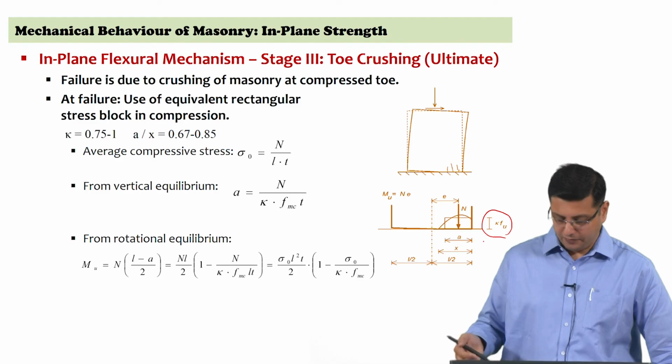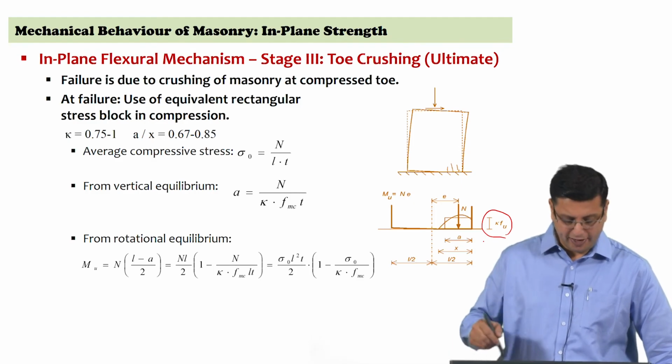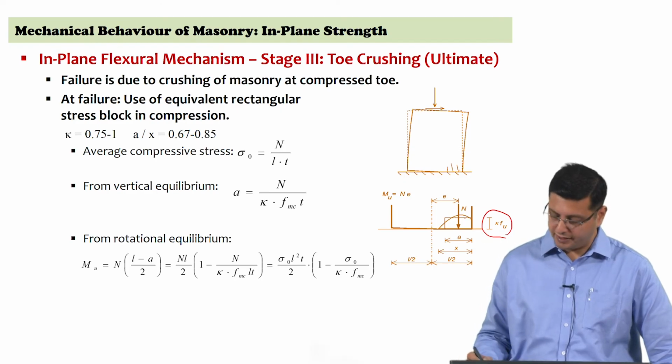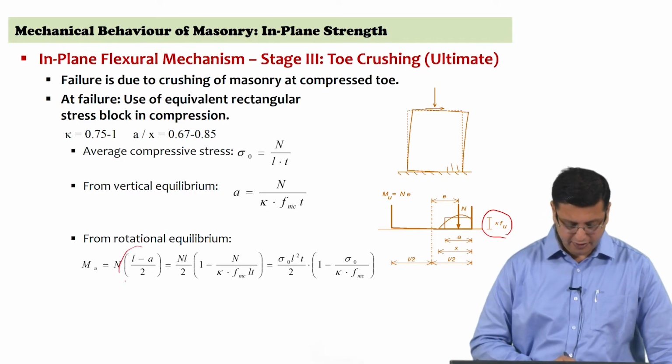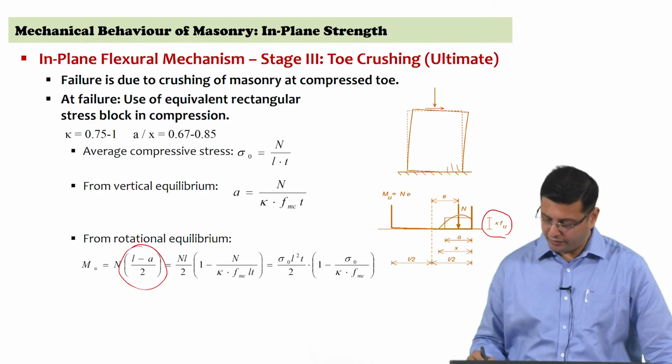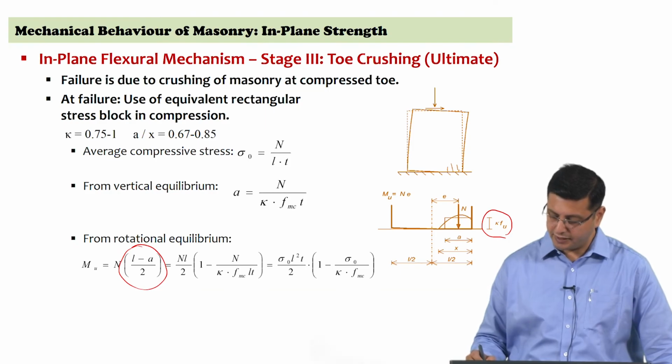In this case the eccentricity is L by 2 minus A by 2, which is the rectangular block, and therefore you have the stress resultant sitting at the center of the rectangular block.